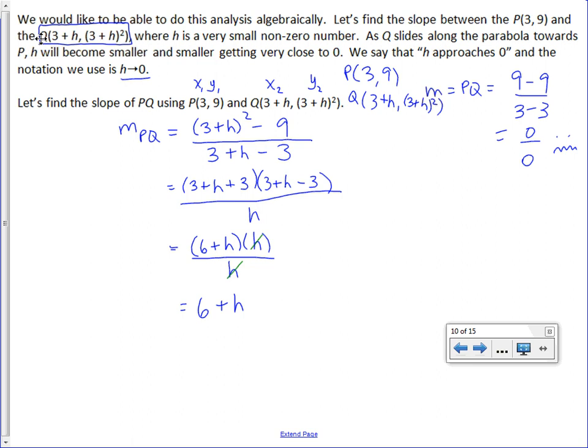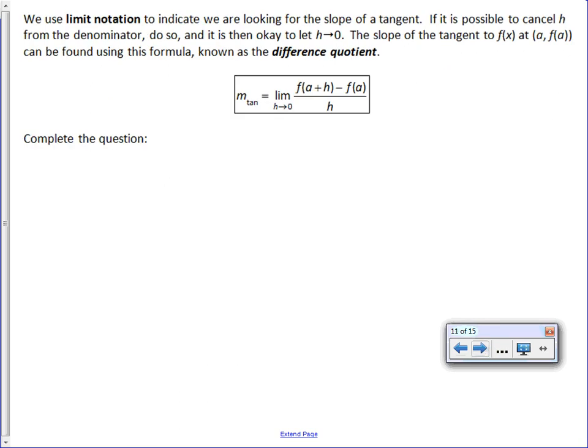And so this is where something called limit notation comes in. And this is the calculus. The limit notation, remember we said that we're finding the limit of all the secants becomes the slope of the tangent. So we want the limit of this expression as h goes to 0. Let me read the intro here. It says we use limit notation to indicate we are looking for the slope of a tangent.